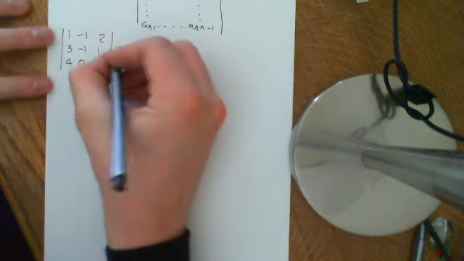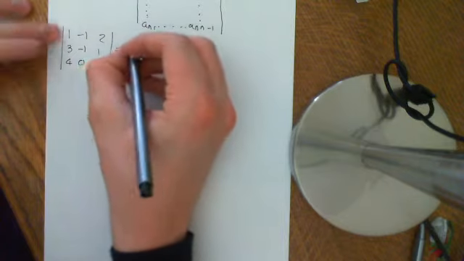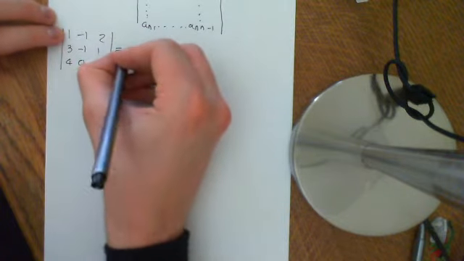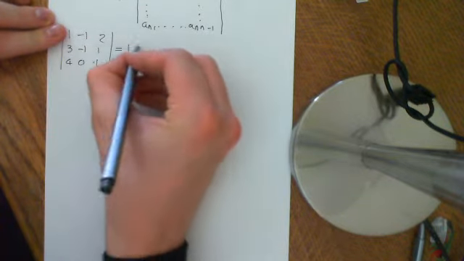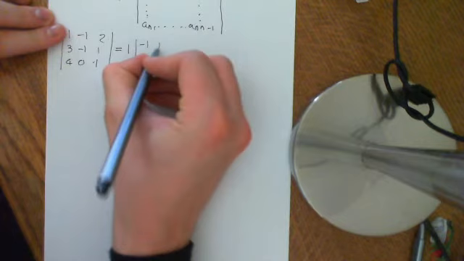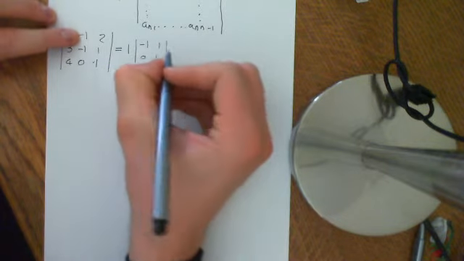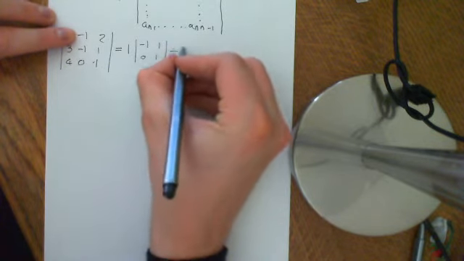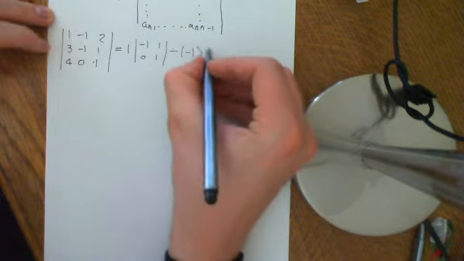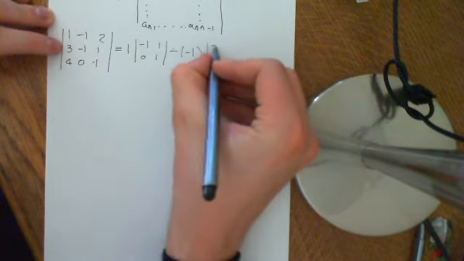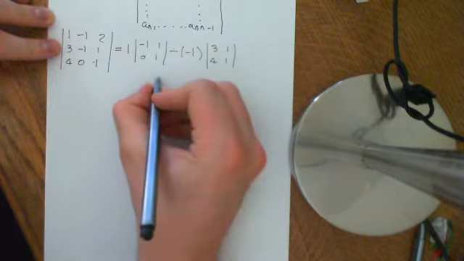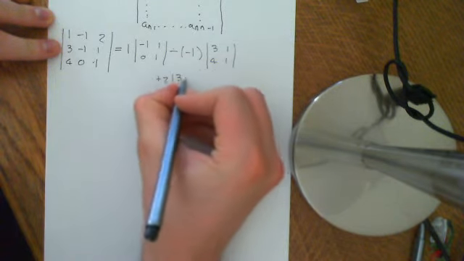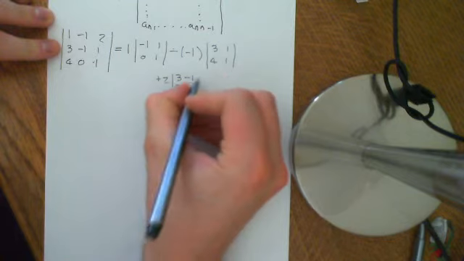Right, so we can write this as, this is the first bit, so we take this one, and then we times it by the determinant of this smaller matrix down here, minus 1, 1, 0, 1. Then we get this one here, we would have a minus sign, but it's got a minus 1 there, and then we get 3, 1, 4, 1, and then we get plus 2, 3, minus 1, 4, 0.